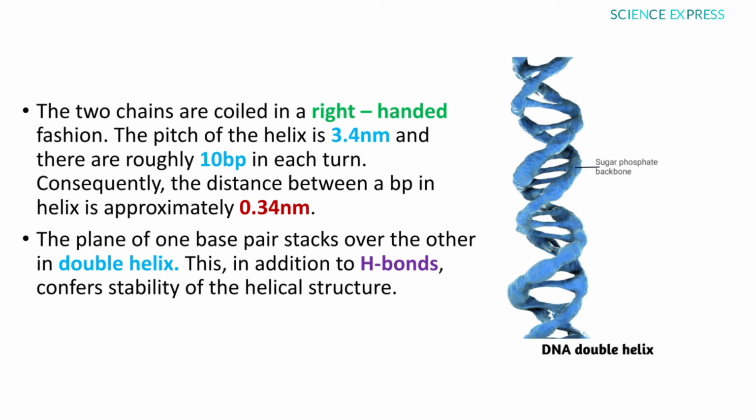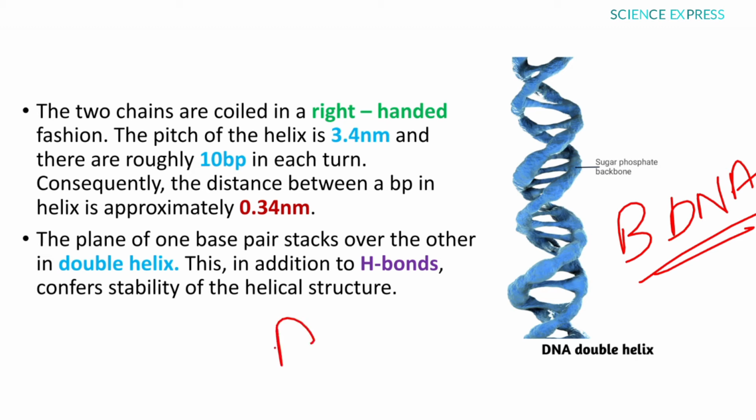Now we discuss the DNA double helix structure model. That one is also called B-DNA. So the Watson-Crick DNA is called B-DNA. There are mainly 5 types of DNA: A-DNA, B-DNA, C-DNA, D-DNA and Z-DNA.